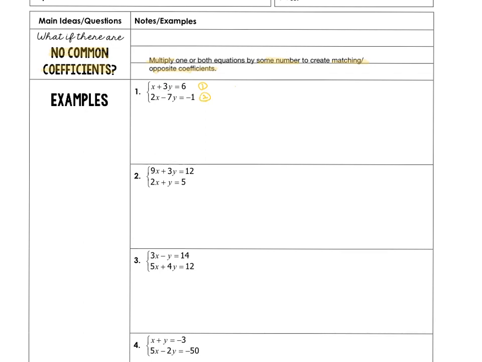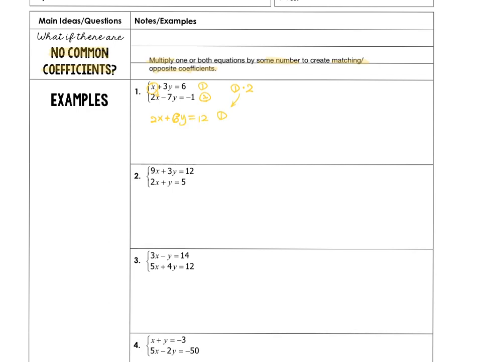So what I'm going to do is take equation 1. I notice that if I multiply by 2 here, then I would have the same as the second equation. So when I multiply by 2, I want to multiply every single term by 2. So that's 2x, 6y, and that becomes 12.